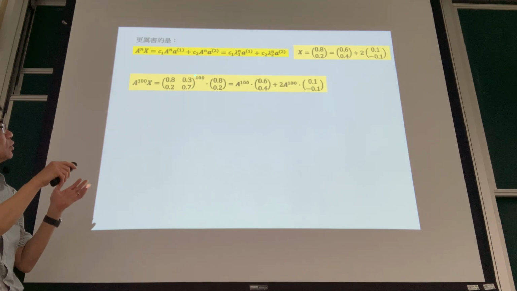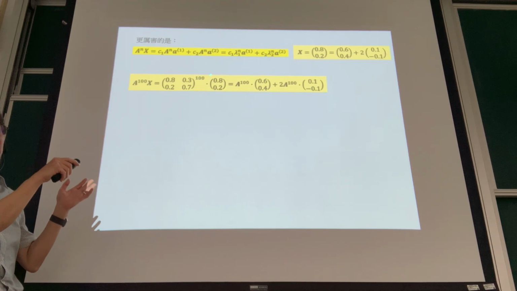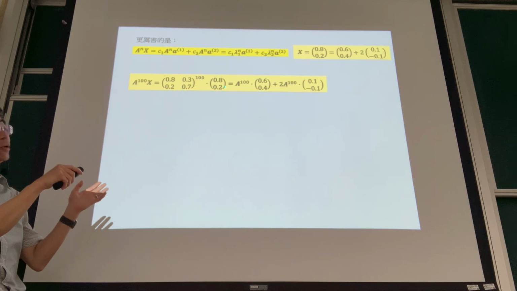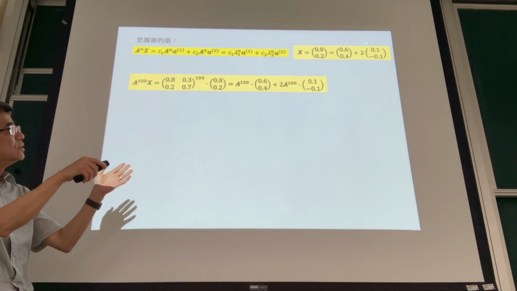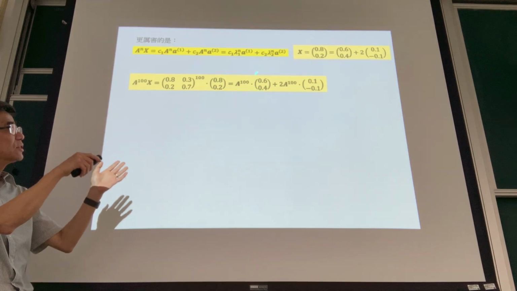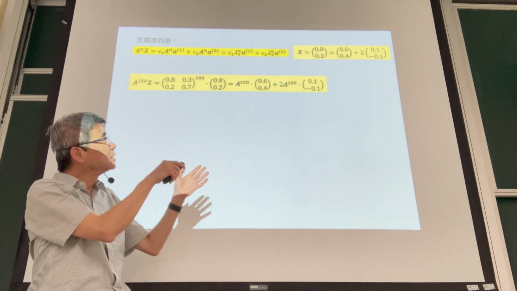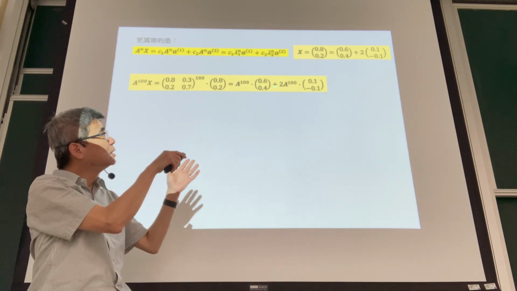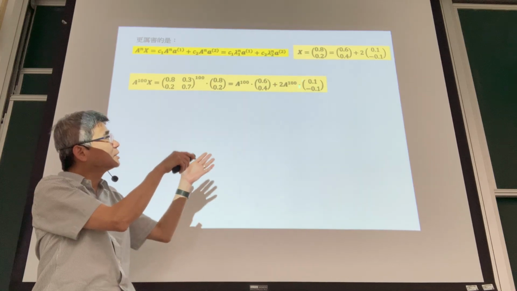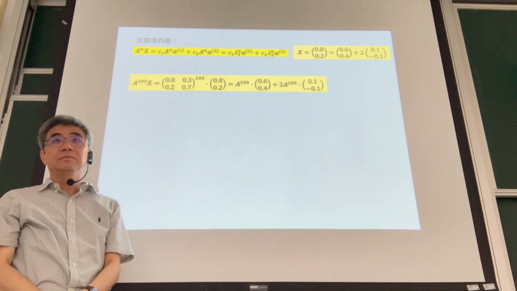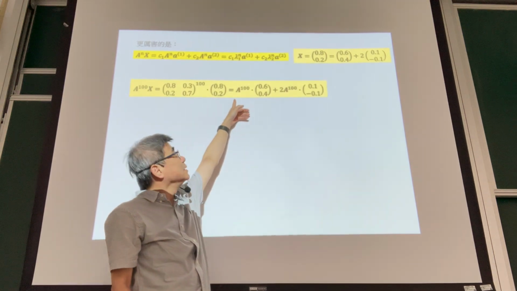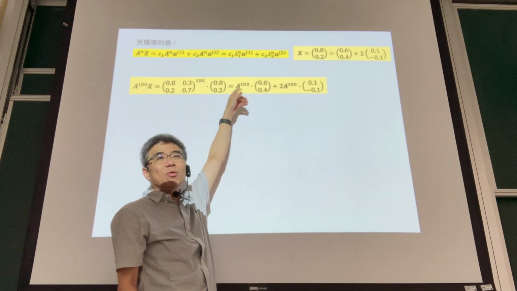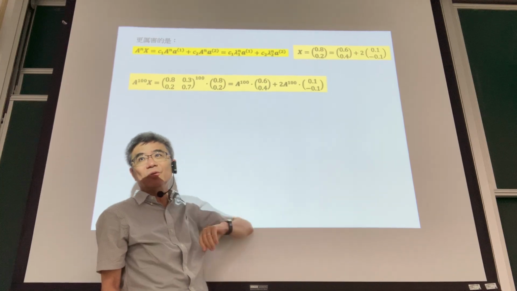Remember, A to the 100 times 0.8, 0.2 is equal to A to the 100 times 0.6, 0.4, the first eigenvector, plus 2, that's the coefficient, A to the 100 times the second eigenvector. But I don't need to multiply A to the 100 explicitly, because I know the answer already.